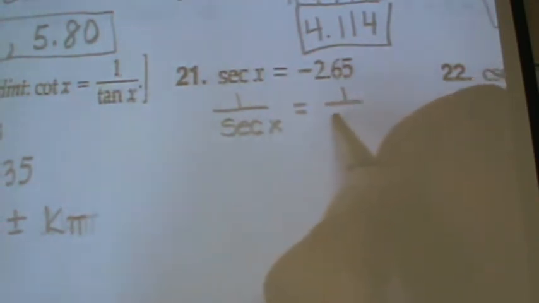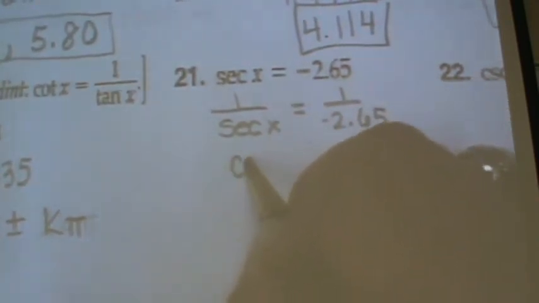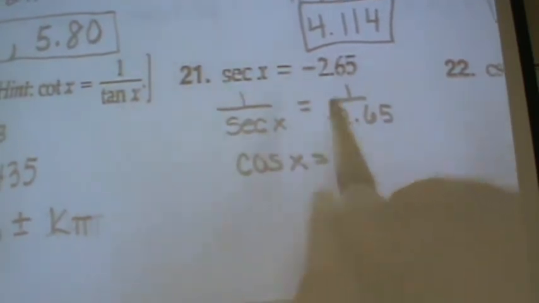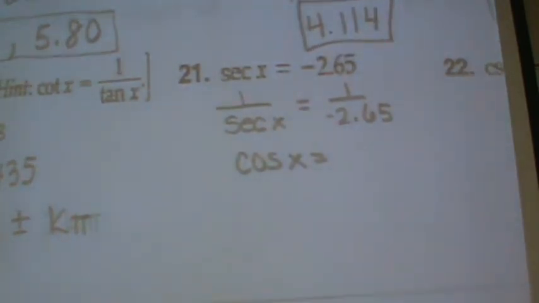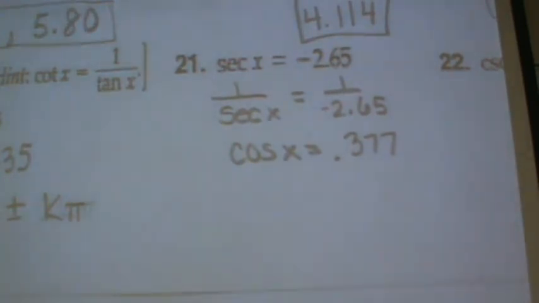Yep. 21, how are you gonna do this one? You're gonna do 1 over secant, 1 over, so it's cosine. I got 0.377. So hit second cosine, 0.377.